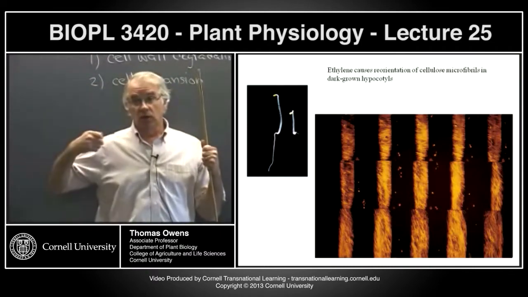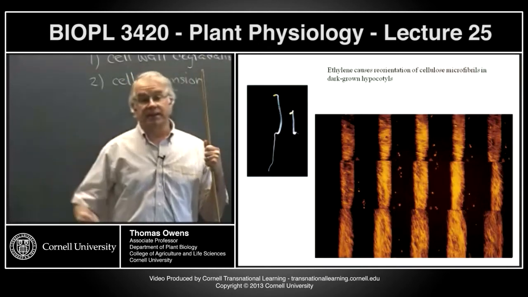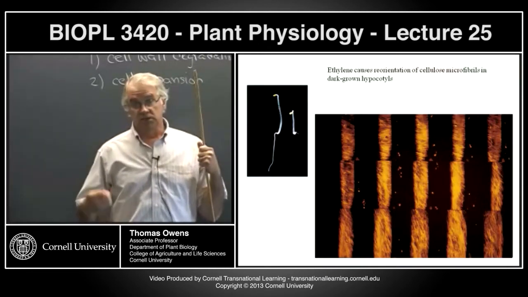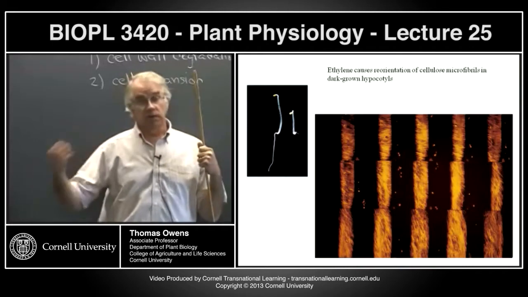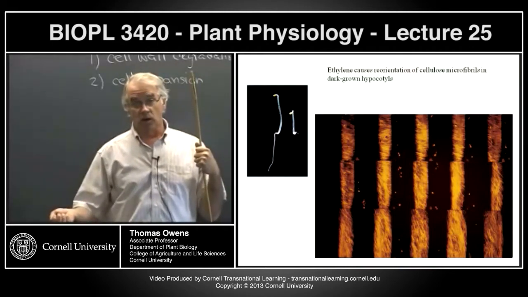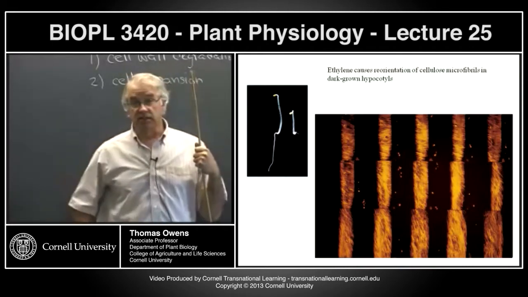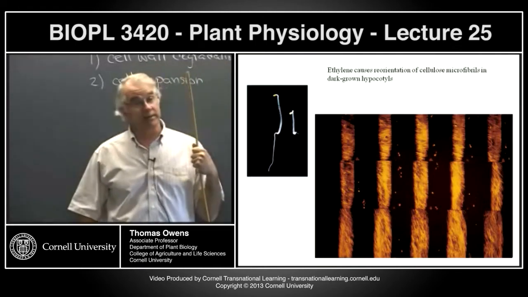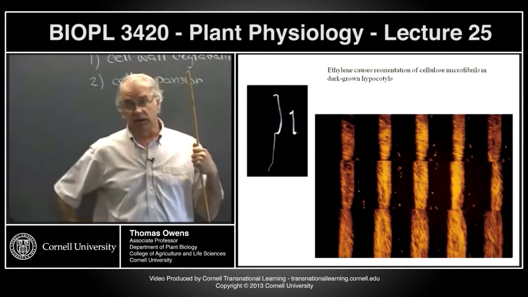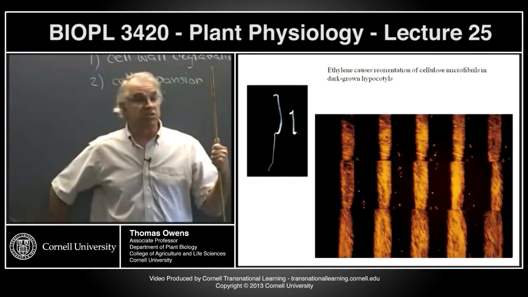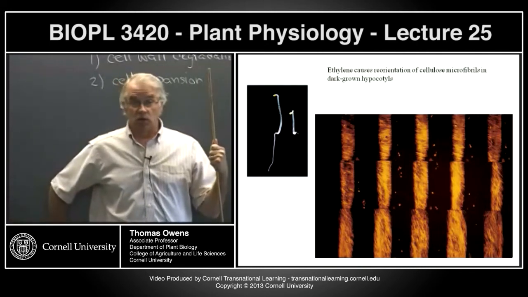Okay, so the expectation is that the orientation of the cellulose microfibrils in the cell wall, and the cytoskeleton underlying the plasma membrane that dictates how those cellulose microfibrils are oriented, must change in response to ethylene. So how does this happen?